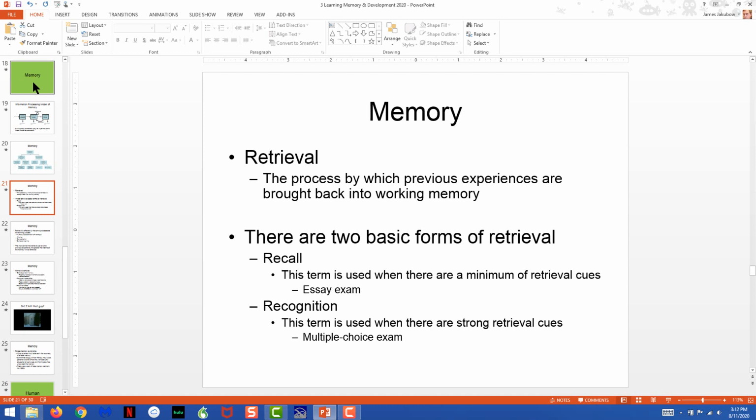Of course, the alternative is a recognition task, a multiple choice test where you actually have the correct answer of a multiple choice question right in front of you. You simply have to pull it out of that lineup, right? A multiple choice test is exactly like a police lineup. Which one of these guys mugged you?